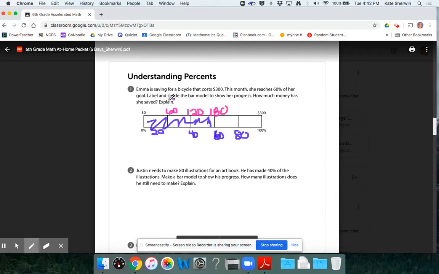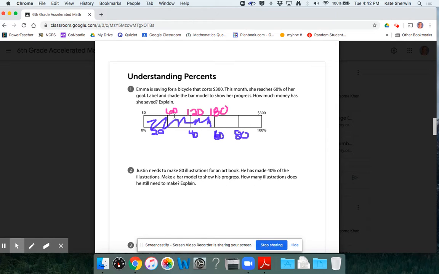Now, when it asks you to explain, you can just be very to the point. We know that 20% of 300 is 60. So if she was at 60% of her goal, that would mean you'd have 3 of the 60s, or $180. That wasn't a very good explanation.